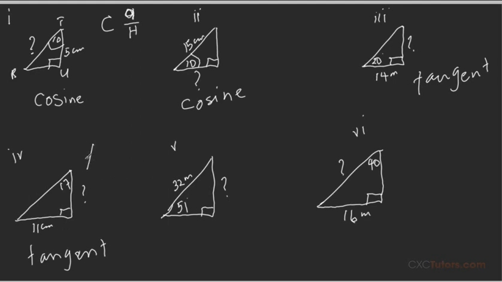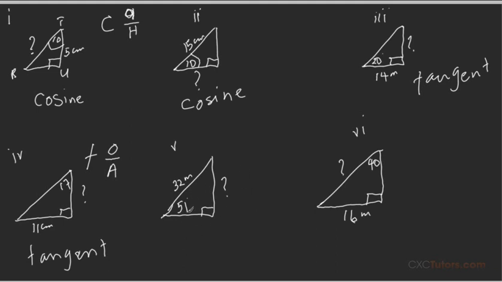Tan, T is for tangent, is equal to the opposite side over the adjacent side. That's what tangent is. This is the ratio. And so you could be given the angle and the opposite side to find the adjacent side, or you could be given the angle and the adjacent side to find the opposite side.